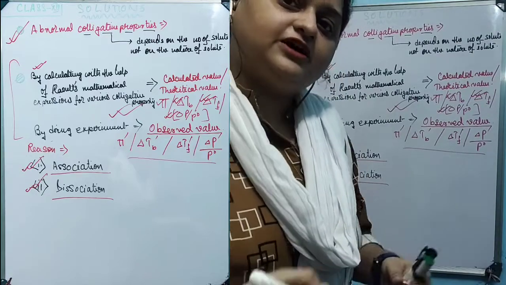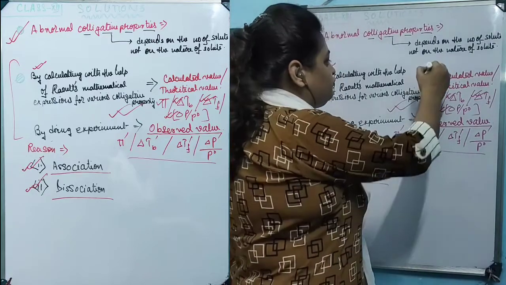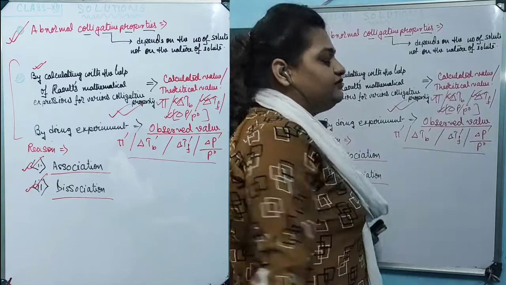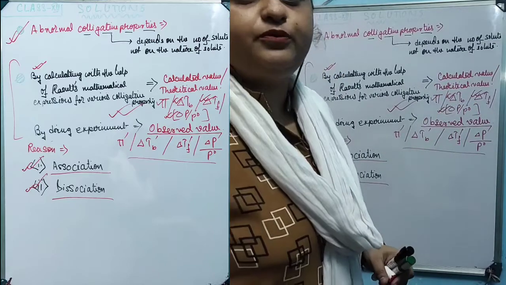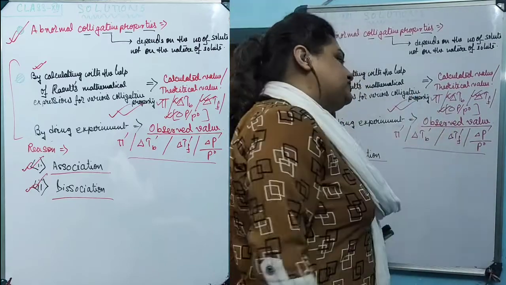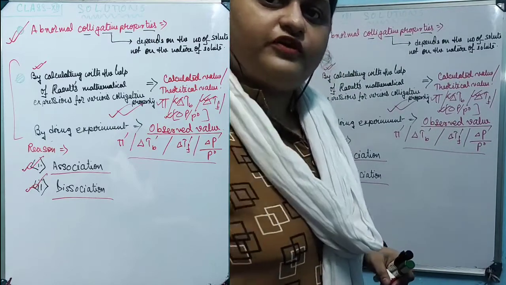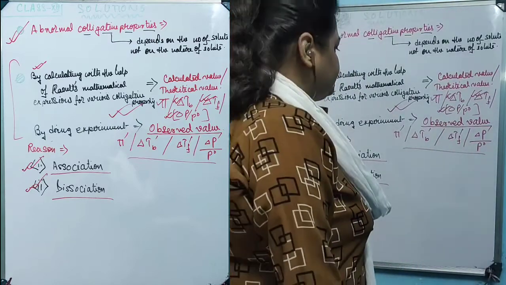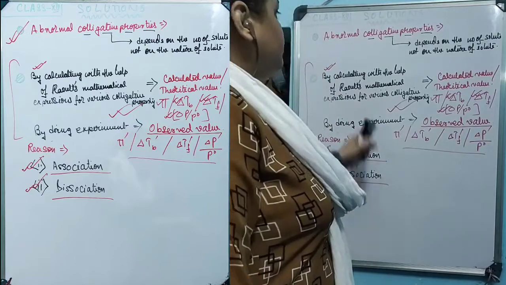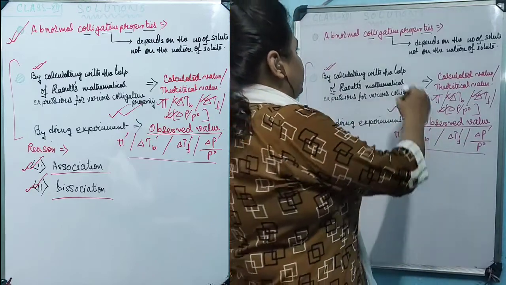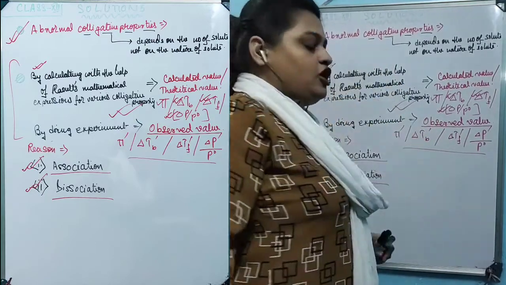So there comes a certain amount of deviation between the calculated or theoretical values and the observed values of the colligative properties. That is known as the abnormal colligative property.